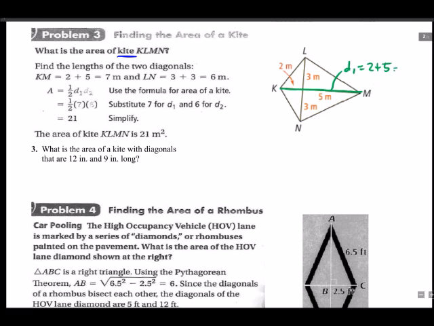So that is going to equal 7 meters. And then here is diagonal 2. What does diagonal 2 measure? 3 plus 3 is 6 meters. So I have diagonal 1, diagonal 2, write my formula. 1/2 of 7 times 6.